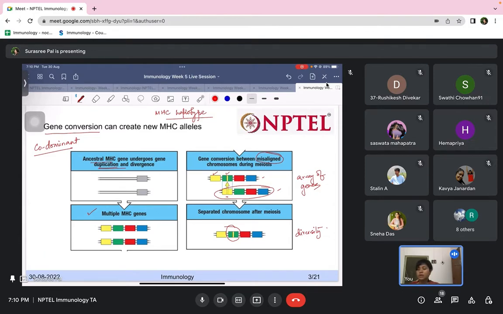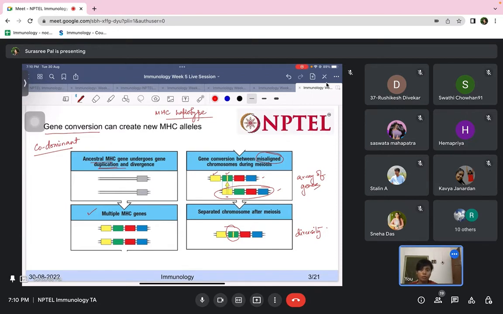So MHC molecules are also codominant, and because of these many events which generate the diversity of the MHC molecules, any two individuals will not have the same MHC haplotype, and even between siblings there is a huge difference.